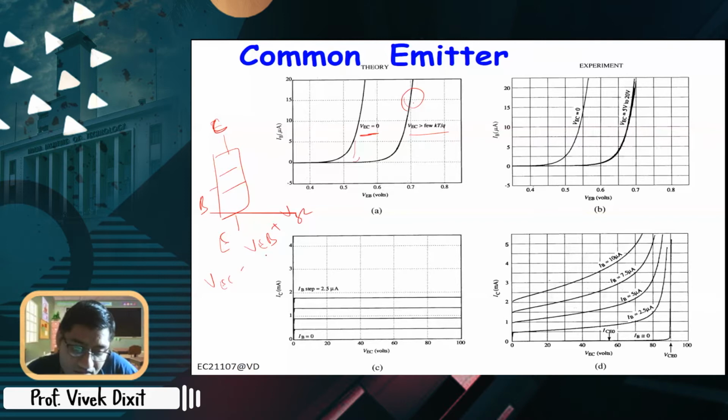Now, if VEB is forward bias, then VBC has to be negative, and negative VBC, if this is P and P, right? So negative VBC means the base collector junction is also forward biased. So when VEC is 0, that means both the junctions are forward biased.